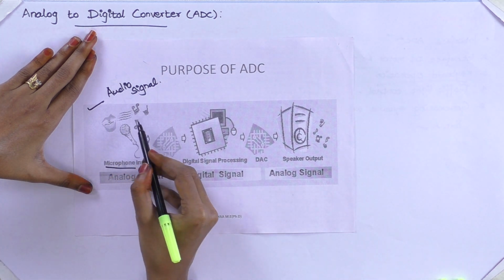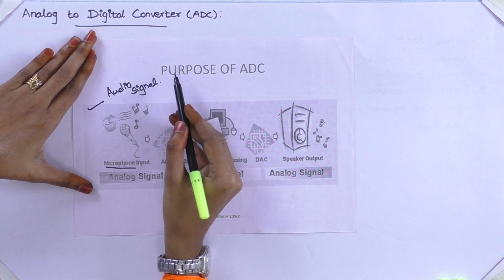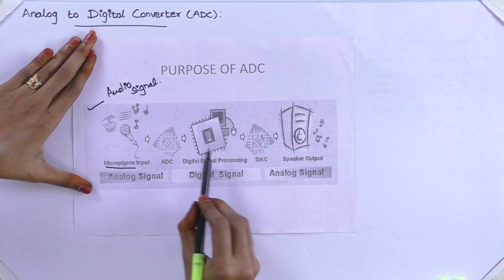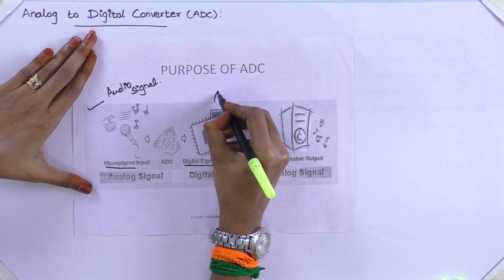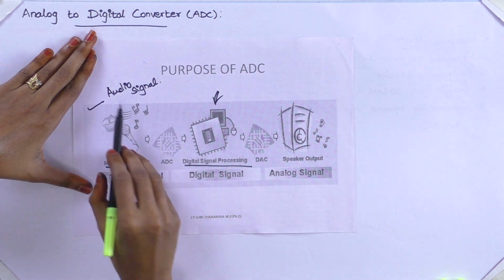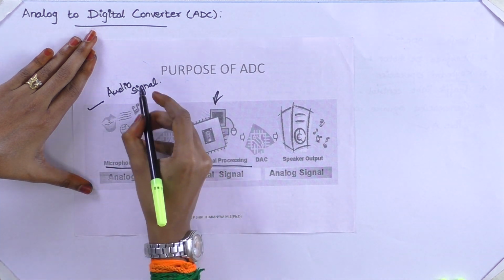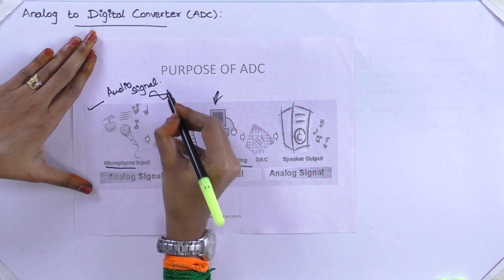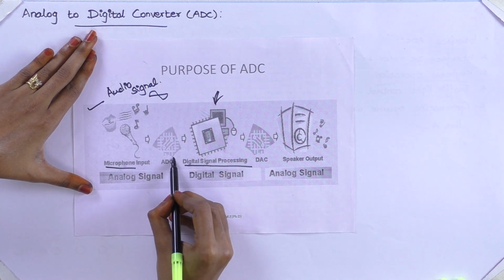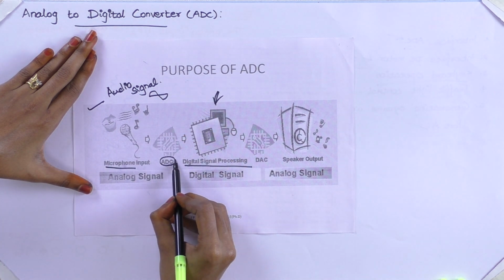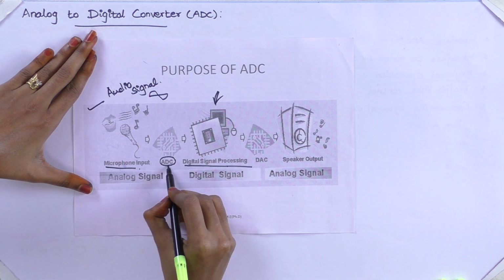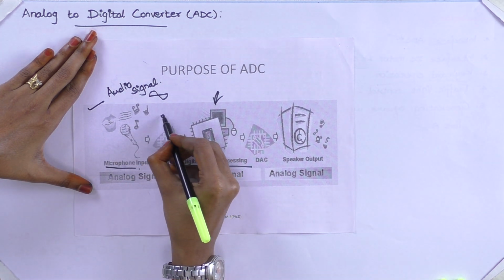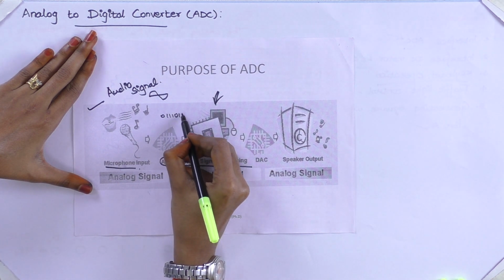Through the mic you are speaking something, so that's an audio signal. These audio signals are to be processed by the digital signal processor. This kind of processor does not take analog signals as such. The analog signals would be like this. So we are supposed to use an analog to digital converter between your input device and the processor. This will convert your analog signal into digital data like this.